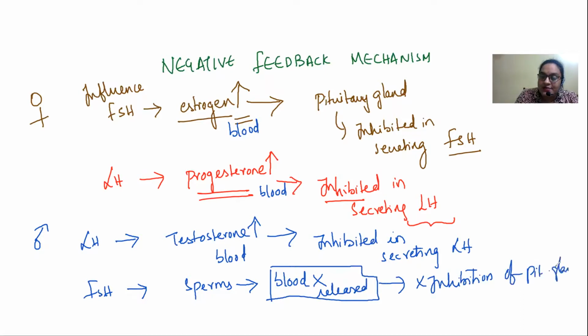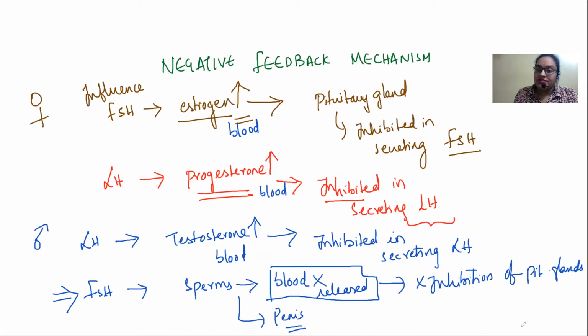The sperms are not released into your blood, but into the penile area, so this cannot be detected. So there is no negative feedback mechanism for FSH in the male reproductive system, but it can be seen in the female.